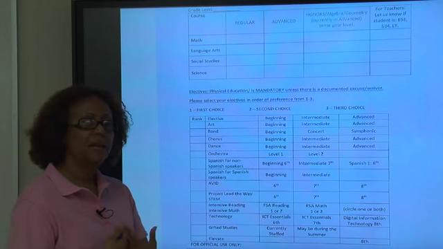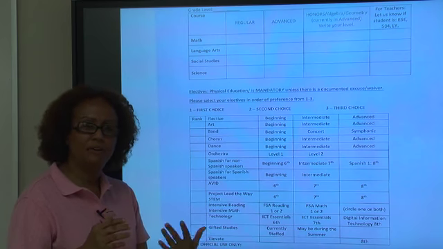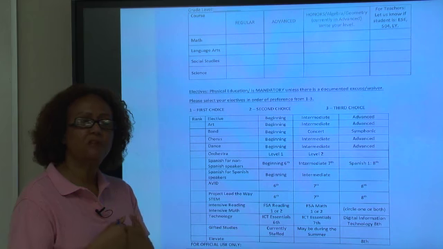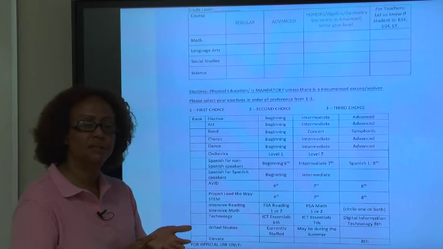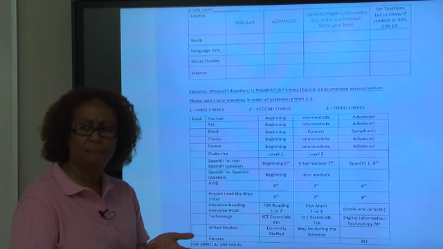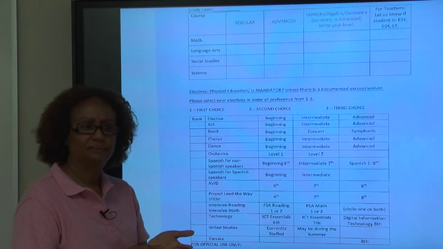Technology. It doesn't matter if you have a high level in FCAT or not, but if you are interested in computers, I'm not talking about being interested in Instagram or chat.